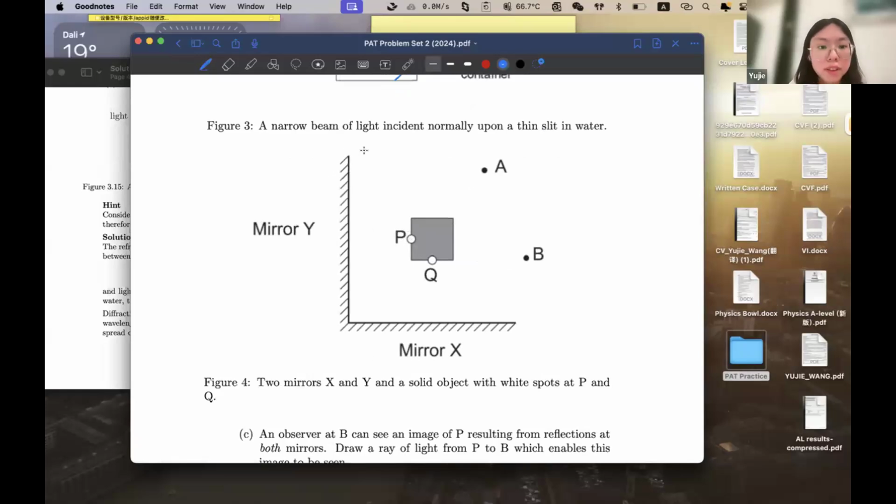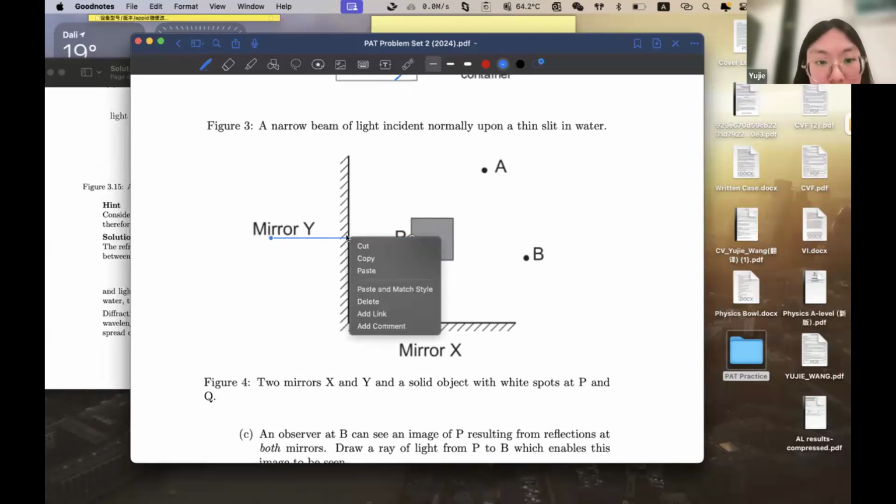So we have this mirror Y and the light source at point P. To find its reflected image in the mirror, we draw a line from point P, perpendicular to the mirror Y, and the mirror is actually the bisector.